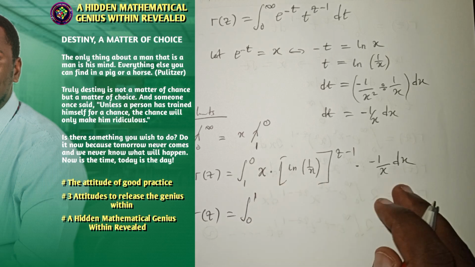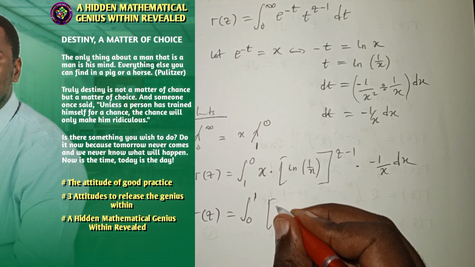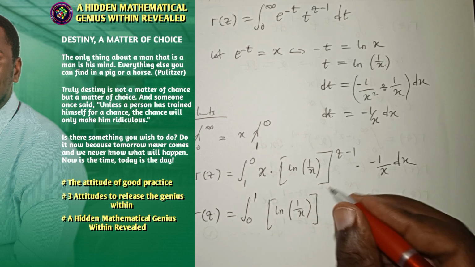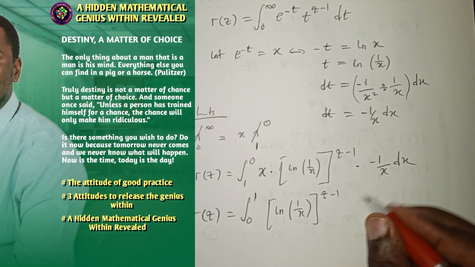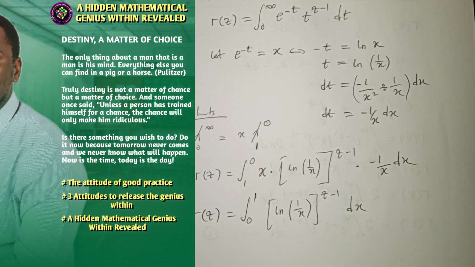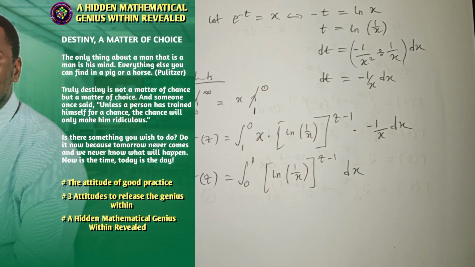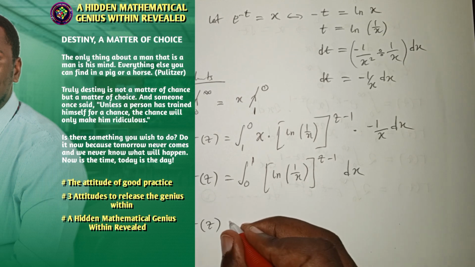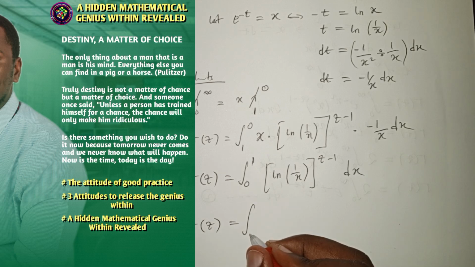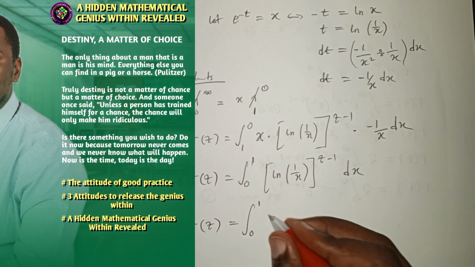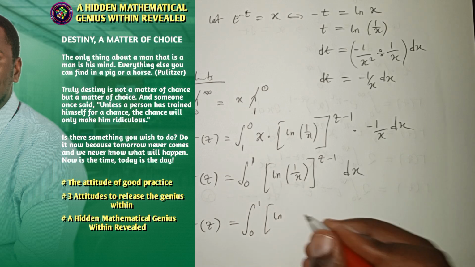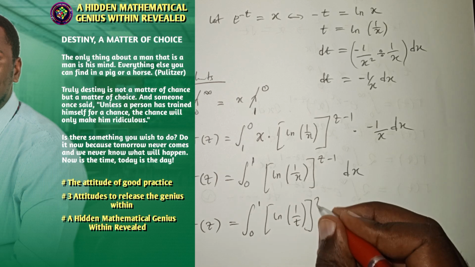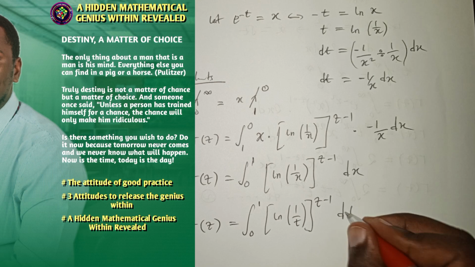Okay, the x's have cancelled, so we have natural log of 1 over x to the power z minus 1 dx. And in terms of t, it will be gamma of z is equal to integral from 0 to 1 of natural log of 1 over t to the power z minus 1 dt.